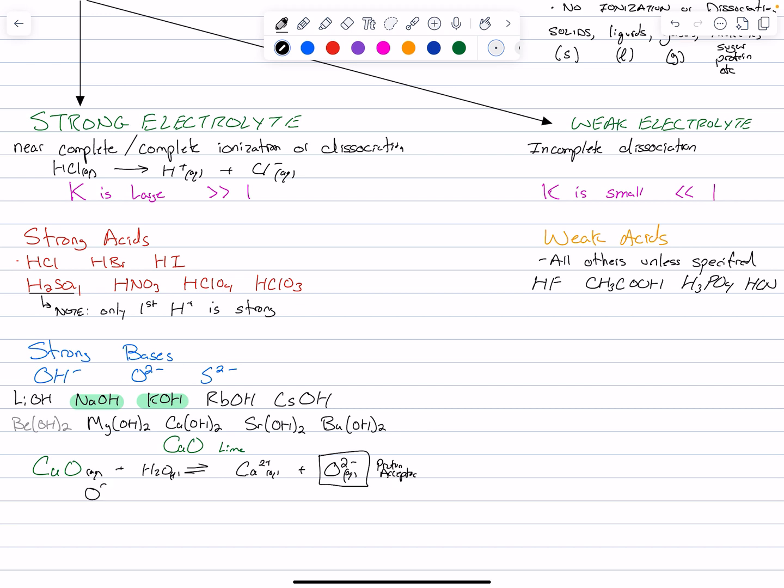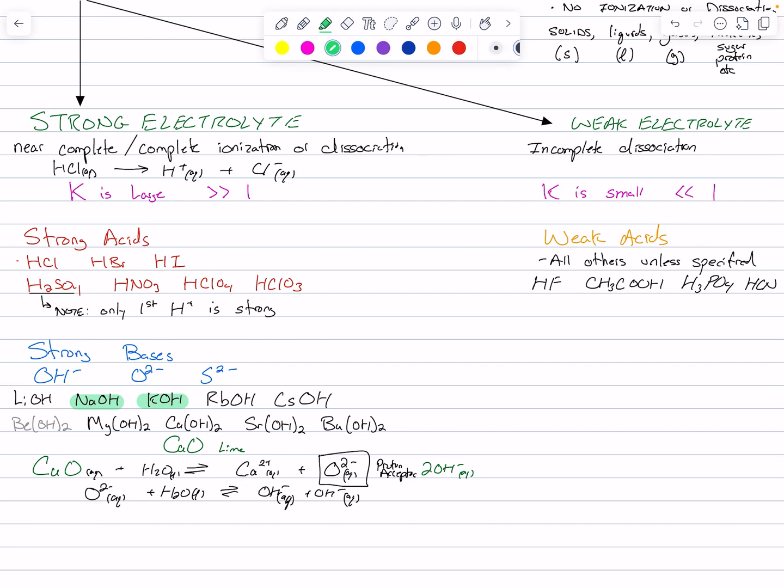So O2 minus plus your water gives us OH minus and OH minus. So it technically gives you 2OH minus here, and not the O2 minus with the water, right? That's really what happens, okay? And we'll talk about that later on.